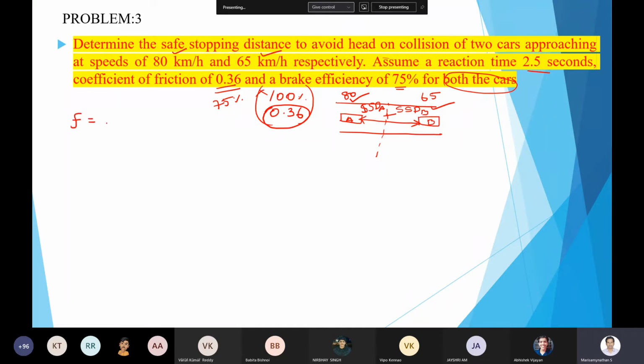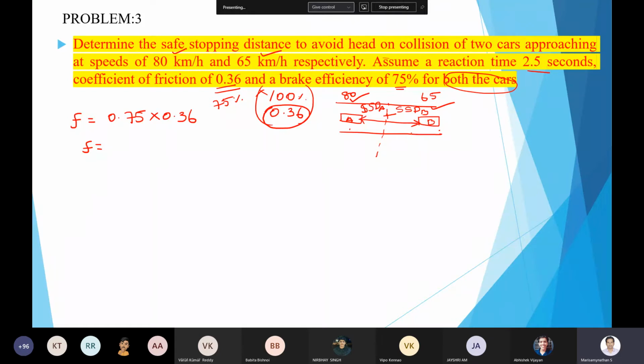So f is equal to 0.75, meaning they are achieving only 75% of the given coefficient of friction. Then you come to know the actual coefficient of friction for vehicle A as well as vehicle B.